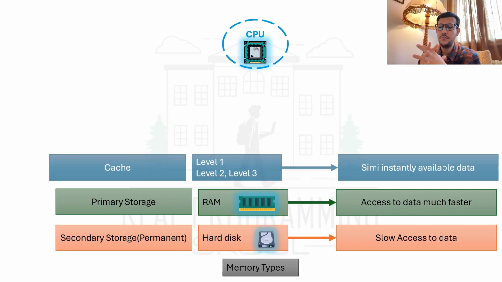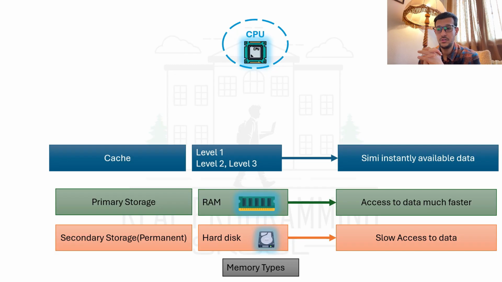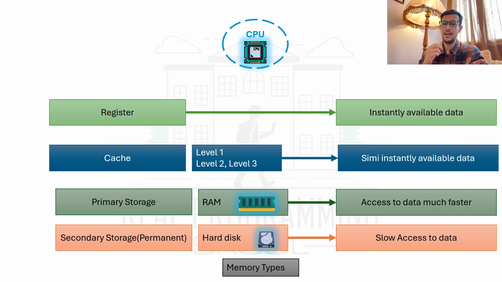So the RAM is faster than the hard disk, and it accesses data much faster. But we have something faster than the RAM, which is the cache. Cache has three levels, as we said, and it provides semi-instantly available data. And we have something even faster than the cache: the register. Register is instantly available data. That's how the CPU reaches the data. We have secondary storage, primary storage, cache, and register.